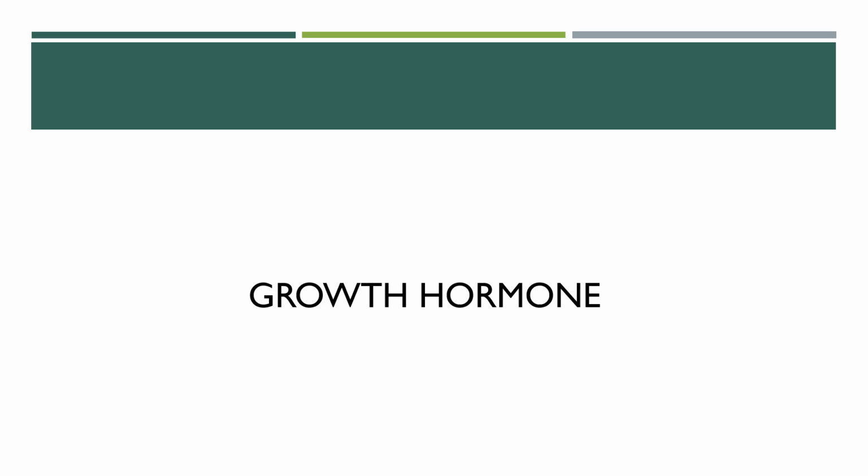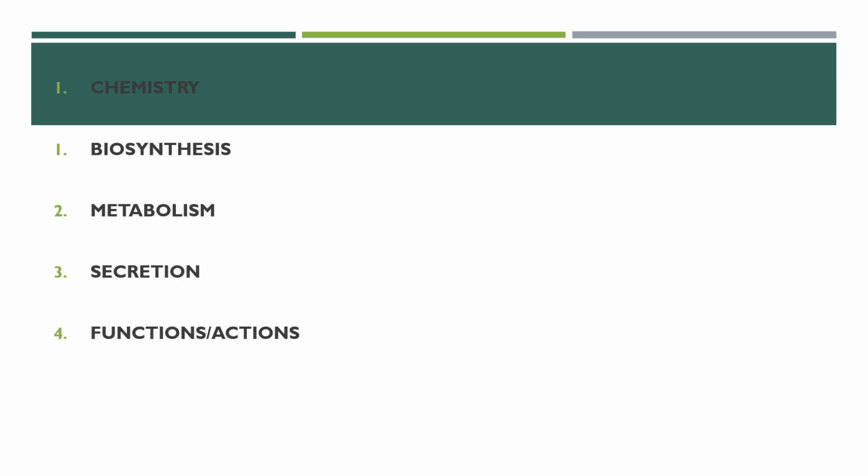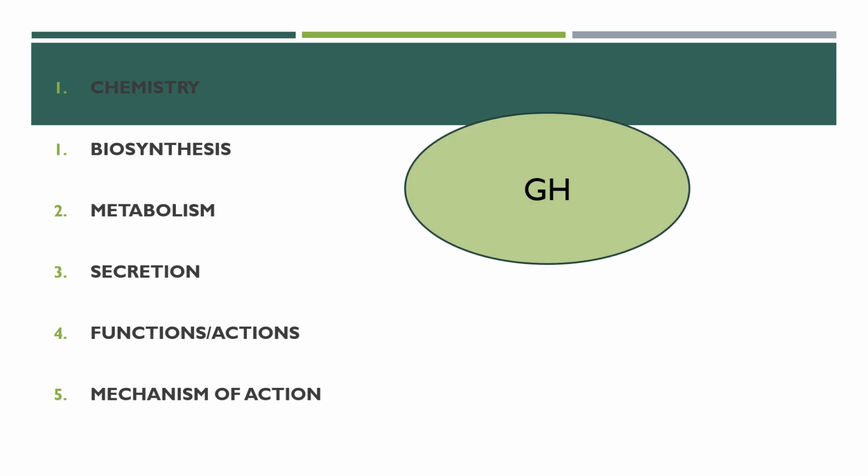Now we will concentrate on the growth hormone, which is released from the somatotrophs of anterior pituitary. When we try to read about any hormone, we can read it under certain headings. First is the chemistry and the biosynthesis of the hormone, then the metabolism of the hormone, secretion of the hormone, functions and actions, mechanism of actions, and the diseases, that is hypo and hyper secretion of the hormones.